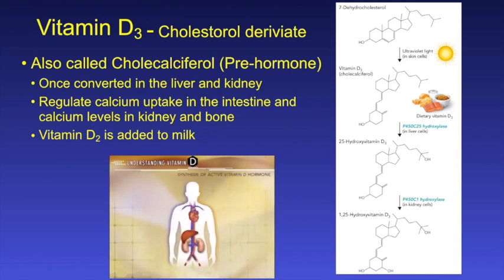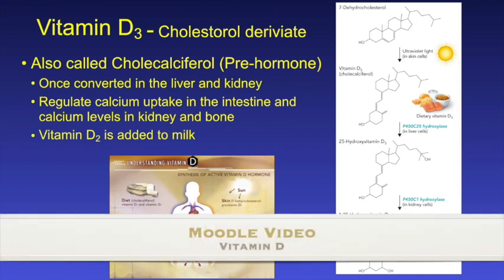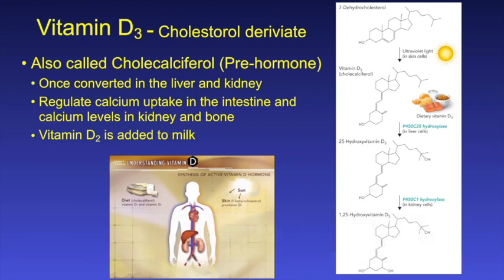There are also a lot of vitamins that are based upon derivatives of fats. And one of those is cholesterol itself and vitamin D. Okay, vitamin D actually has a couple things before it actually becomes active. There are the kidneys and the liver that are part of the process.